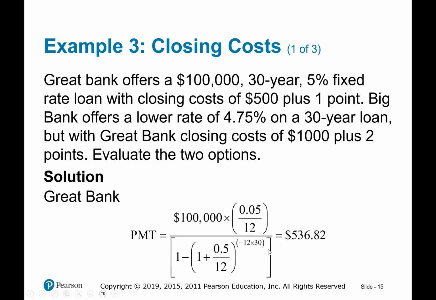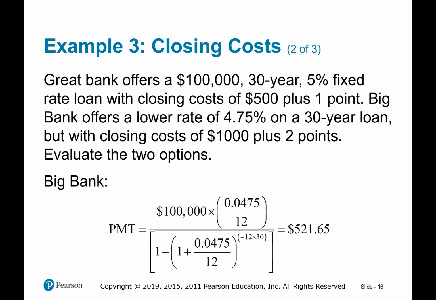So for Great Bank, our payment amount is going to be $536.82. Let's look at Big Bank. So for our Big Bank, our payment is going to be $521.65. So the payment is lower.